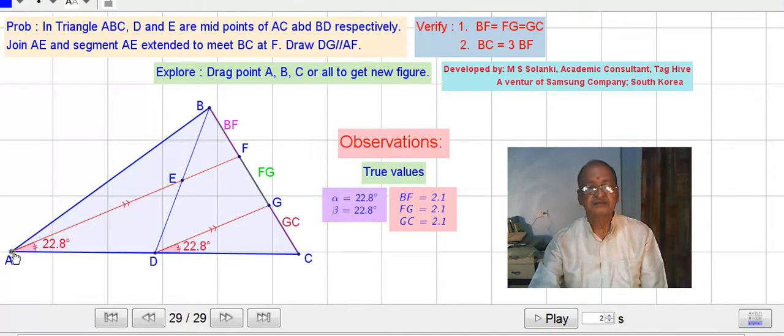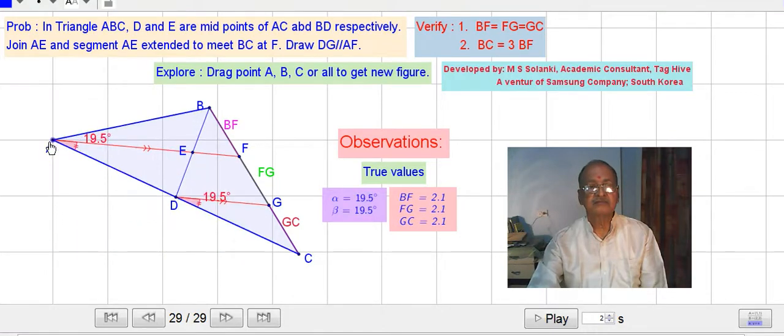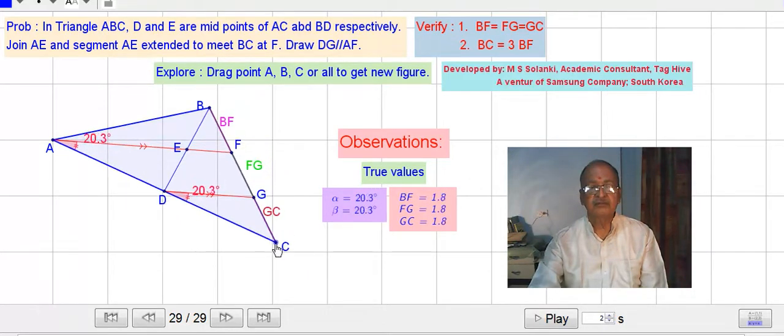See, values of alpha and beta is 90.5, or I am changing this, trying 20 degree.